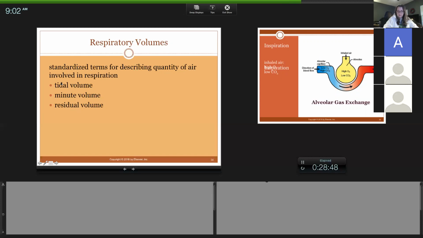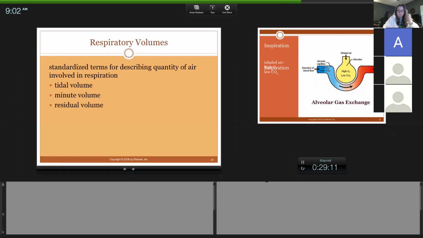Tidal volume is the amount of air moved in one breath, inhale to exhale, and you have to put volume. If you do not put mils, mL, which is milliliters, that is how we measure air volume, you will get marked partial. I'll take points off. That's what I'm trying to say. You have to put milliliters.